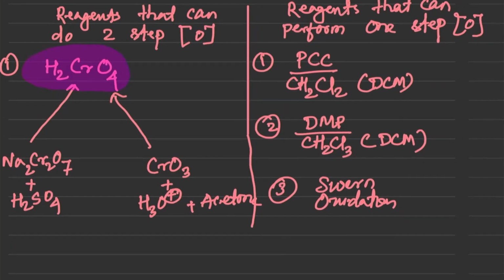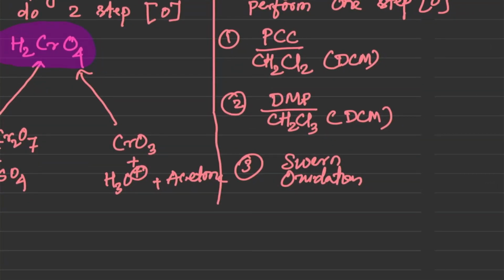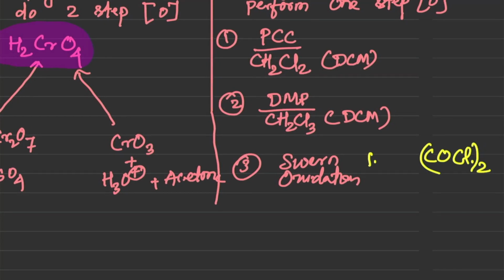So Swern oxidation will do, so it has oxalyl chloride, COCl, oxalyl chloride with dimethyl sulfoxide, DMSO, followed by, I'll rewrite this.